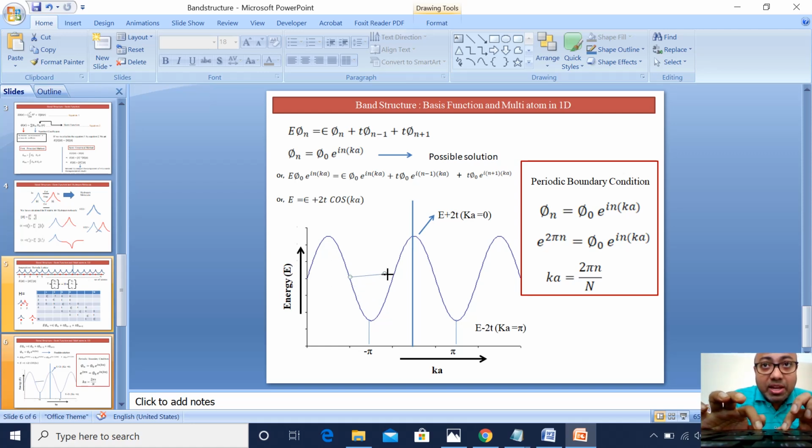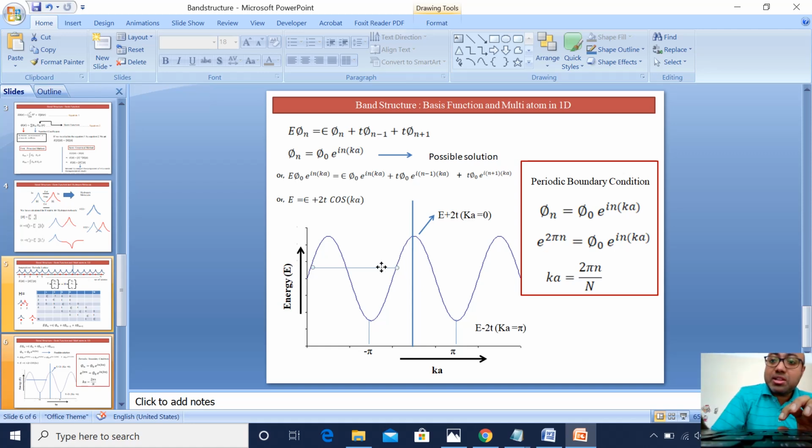If you travel exactly the same 2 pi, you will get exactly the same answer, the same wave function. So if the solution is here and you travel 2 pi extra, the solution over here is the same. That means the nature of the wave function here and here is the same, because it is a periodic crystal, right? If you travel exactly 2 pi distance, you will get the same wave function. It is telling you that.